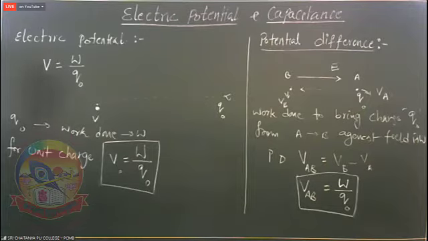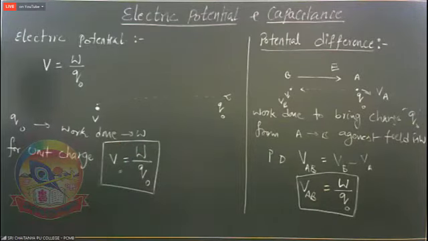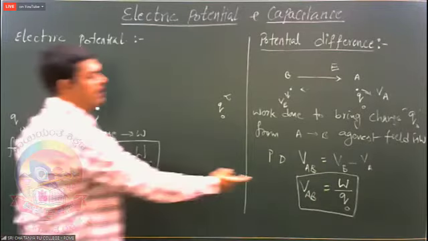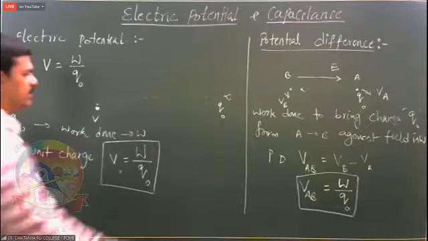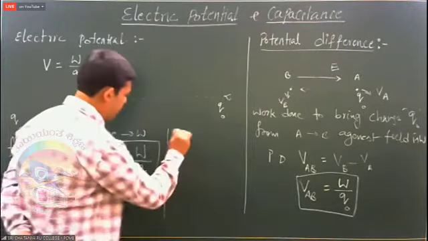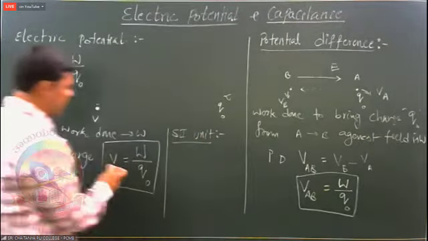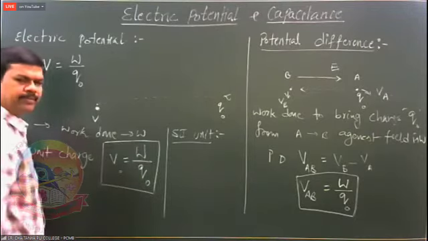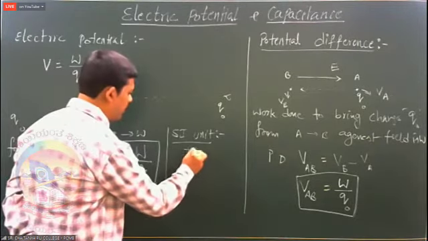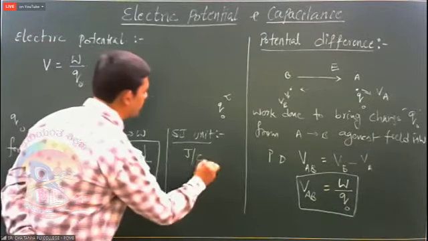Well, from these two formulas, if you are asked what is the SI unit for both potential and potential difference, the formula is W by Q0. For work, the SI unit is joule, and for charge, coulomb.